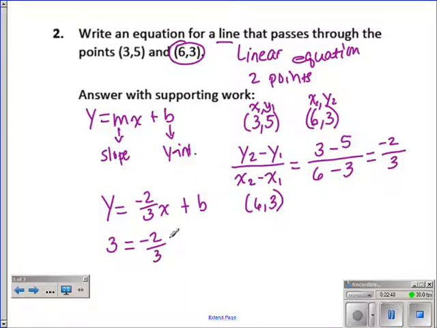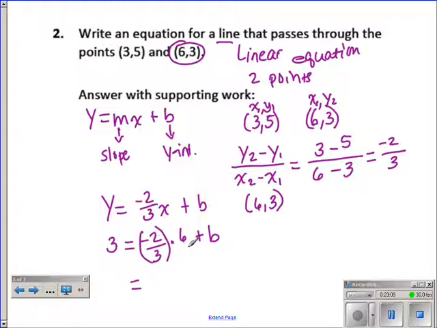Okay, doing the math, first thing I'm going to do is negative 2/3 times 6. I can punch that into my calculator, leaving this as a fraction. Remember, I can put this in parentheses. And I know this is going to be negative 4 plus b, and I have 3 over here.